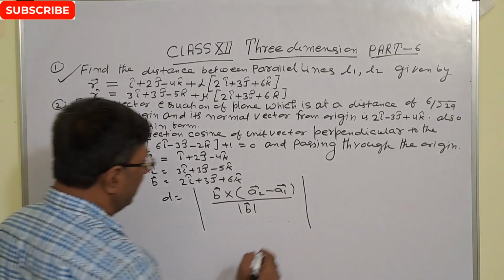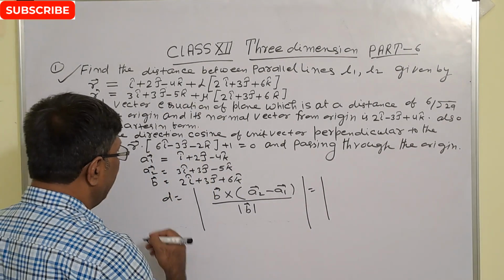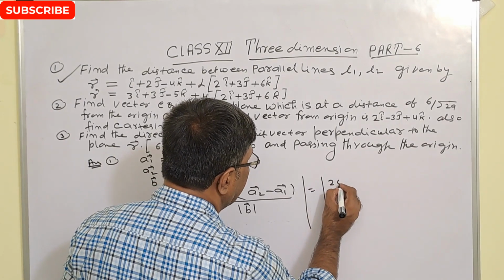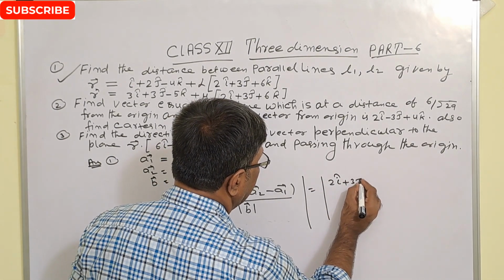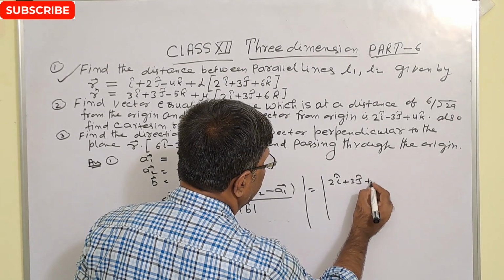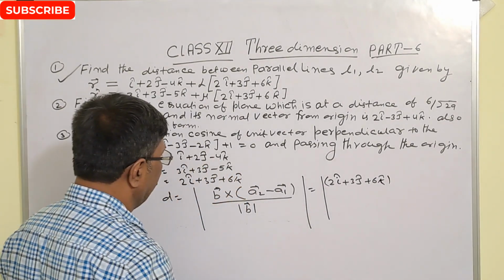So first you put the value here. This is B vector, so B vector is already given. This is 2 unit vector i plus 3 unit vector j plus 6 unit vector k, right? This is the B vector.